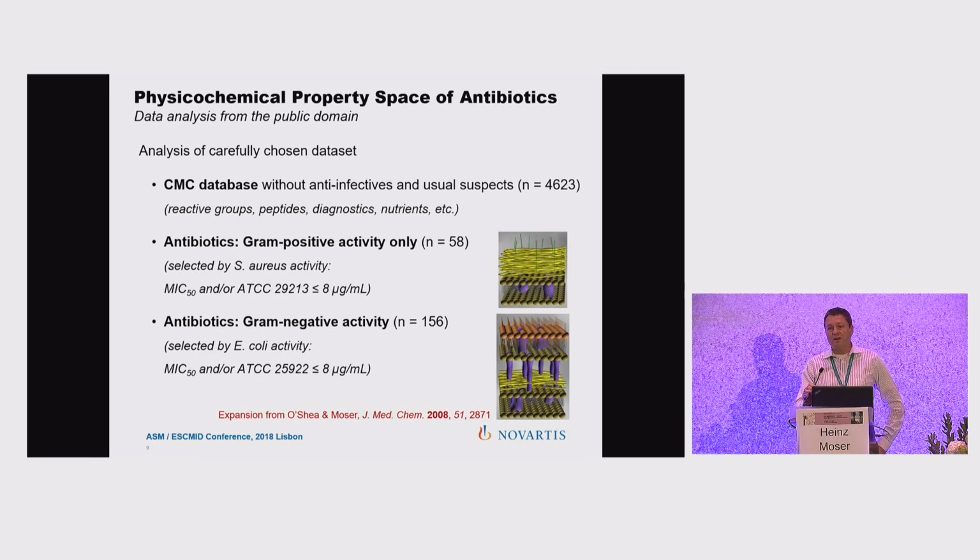Gram-positive activity only means compounds that work, as defined on the slide, against gram-positive organisms, Staph aureus in particular, and we looked either for ATCC strains, so that no resistance plays into it, or MIC50. Sometimes we could find one value, sometimes the other.